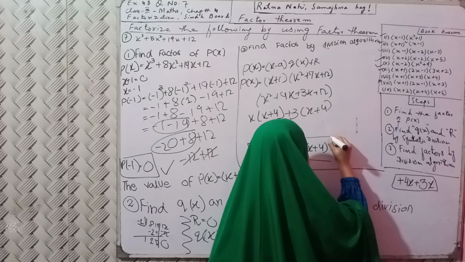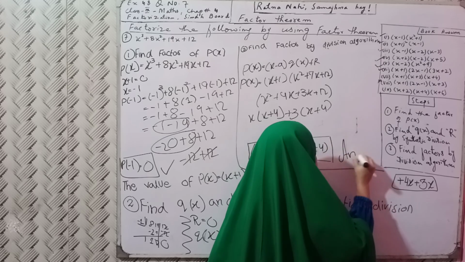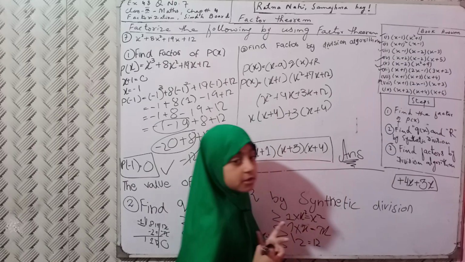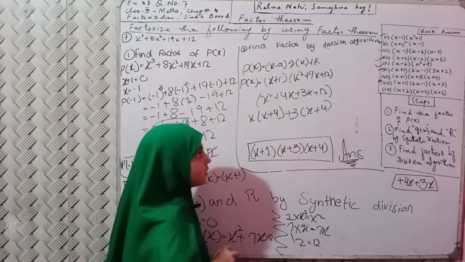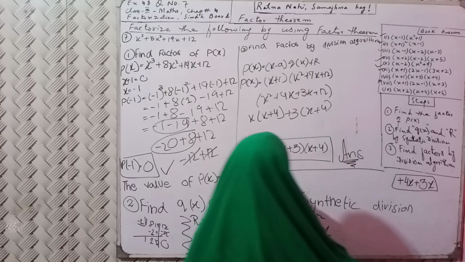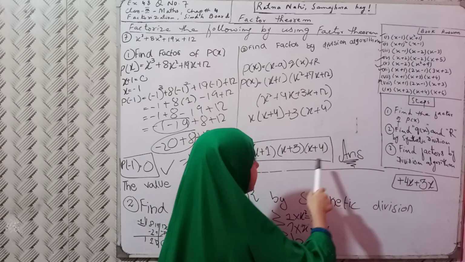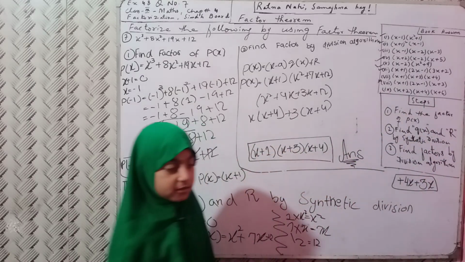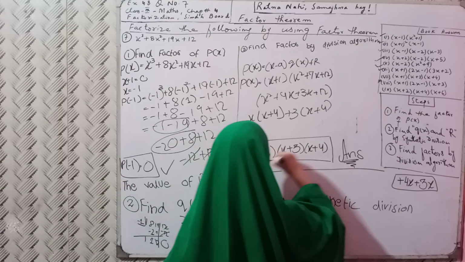Okay, and this is our answer. The book answers are written, you can check it: x plus 1, x plus 3, x plus 4. Simply, this is correct.